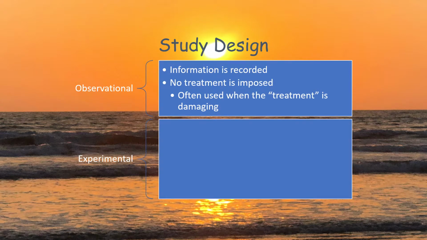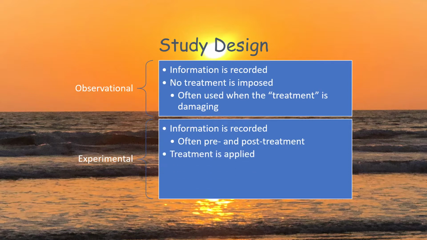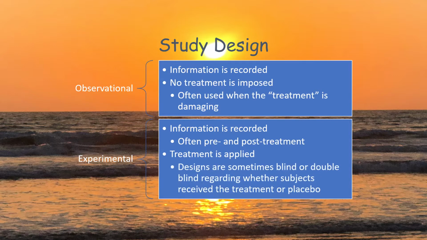But experimental is recording the information, often pre and post treatment, right? So if you want to see if some sort of blood pressure medication is effective, you will collect data on their blood pressure before and after the treatment. And then often you use blind or double-blind experimental design, and blind means that the subject doesn't know if they get the treatment or the placebo.